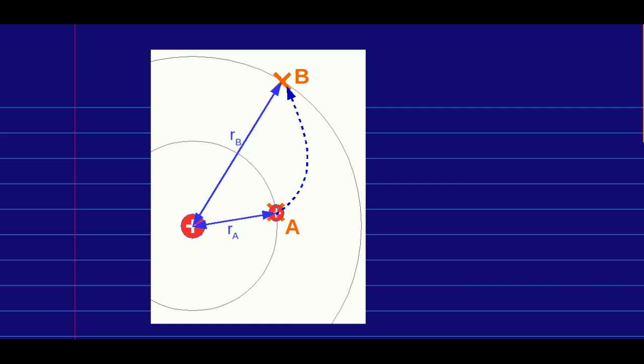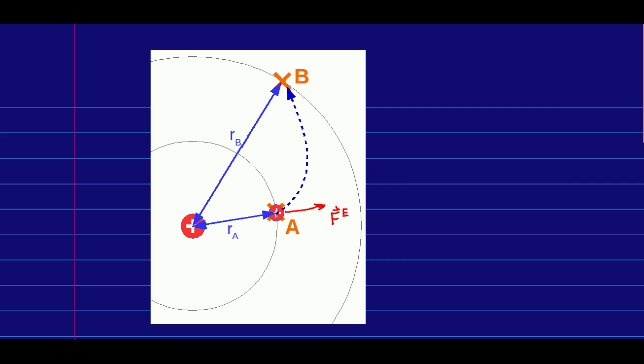Let's think about moving this particle, which is near this other particle. We know that the force acting on this particle due to the other one is always radial, outward from the particle exerting the force.